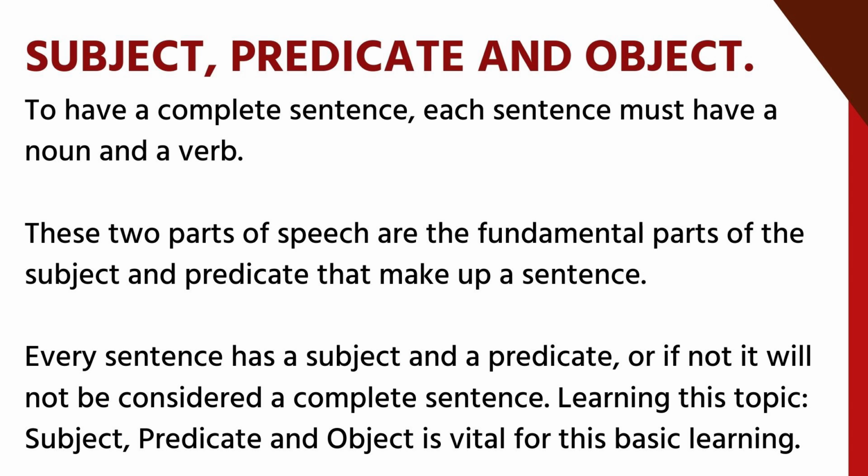So, while learning this topic, you need to know that subject, predicate, and object are vital when it has to do with sentence formation in the English language. And if you're learning the English language for the first time, you need to take these three aspects seriously.